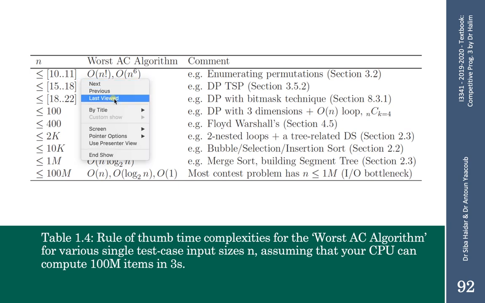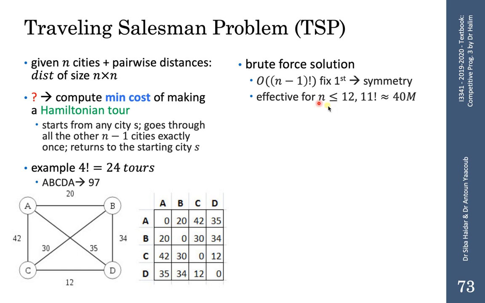So let us go back to our slide. This is because factorial 11 is 40 million already, and factorial 12 will be bigger than 100 million. So this is effective only where the number of cities is 12 or less.